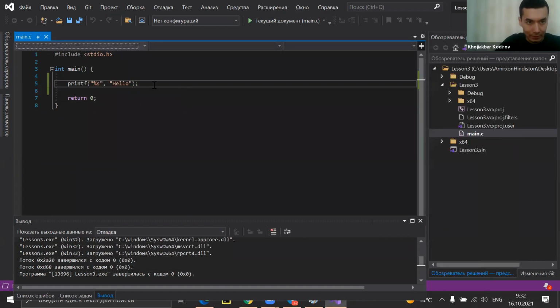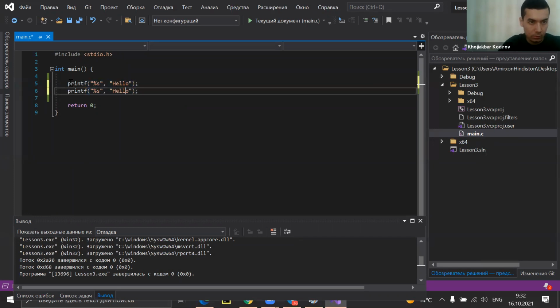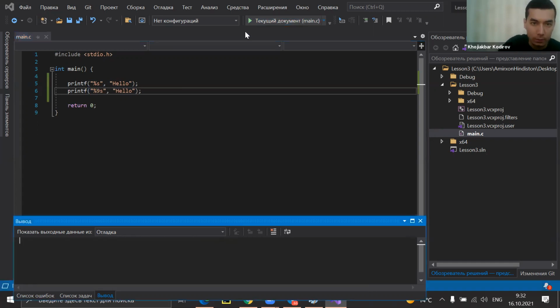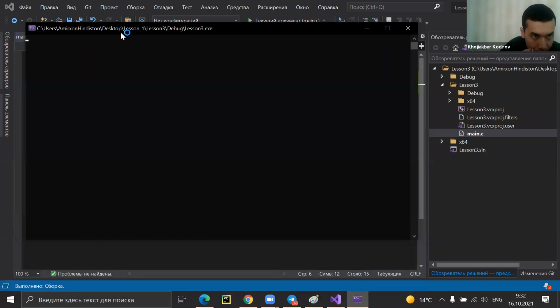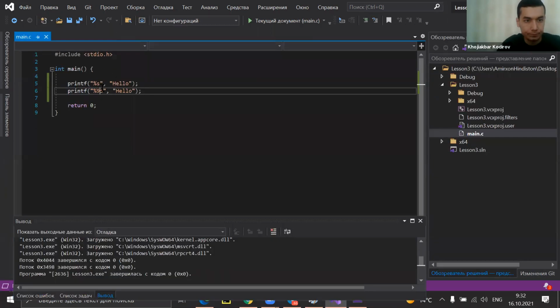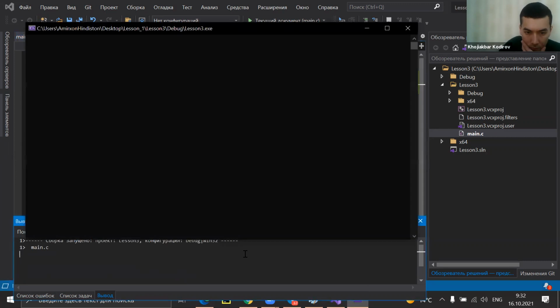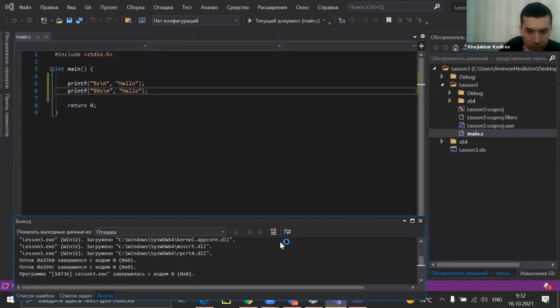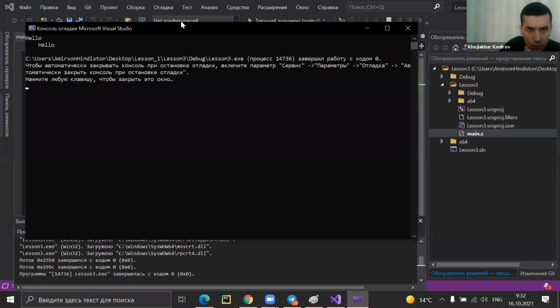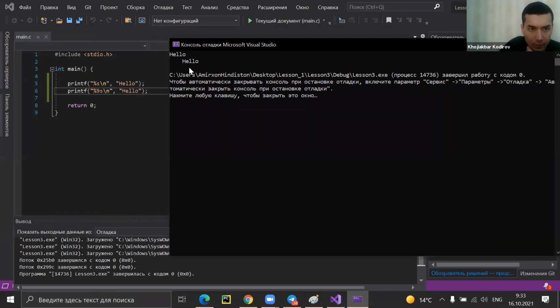Okay. Then, if you want to print more spaces, what I will do, if I do 9s, here I will get 4 more spaces. Here I'm getting just hello as I did 9.